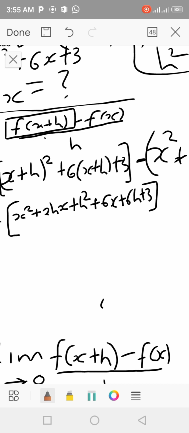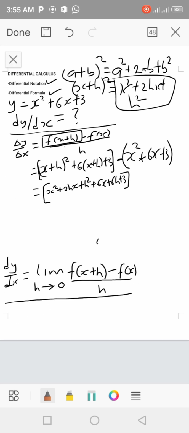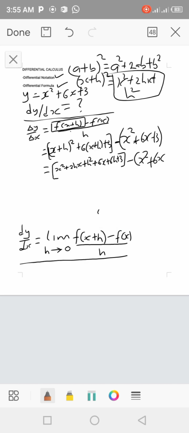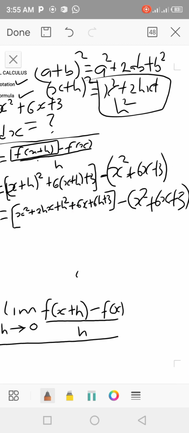Whole of these minus x squared plus 6x plus 3. So that's how to do it.